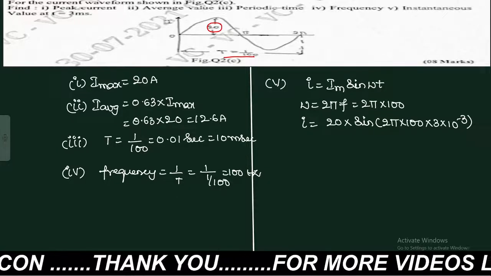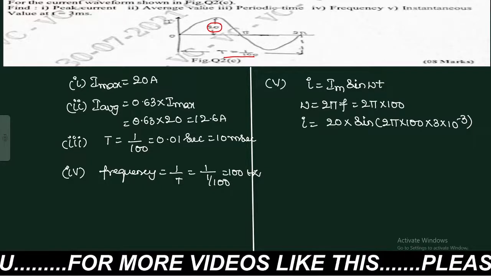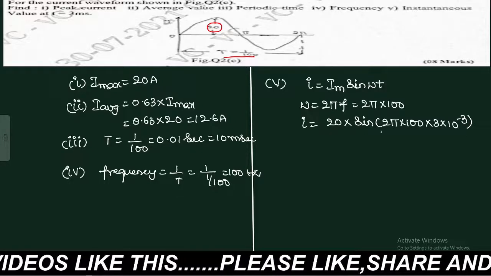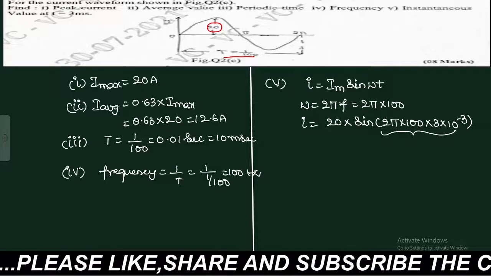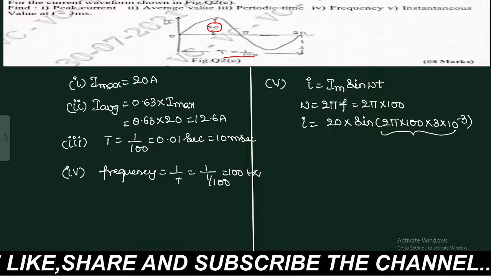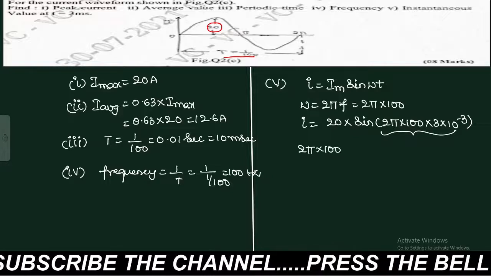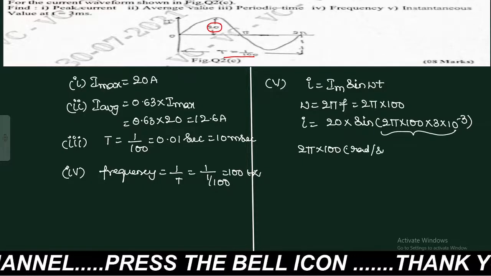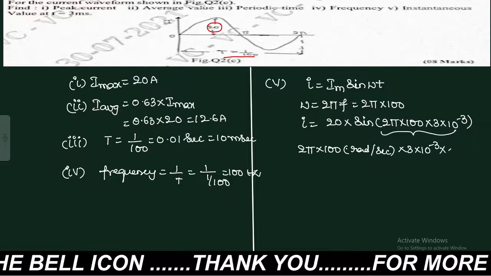If you substitute directly sine of 2 pi into 100 into 3 into 10 to the power of minus 3, first of all you are going to get the value in radians, which has to be converted into degrees. I will explain here. 2 pi into 100 is the frequency in radians per second, and you are multiplying by the time 3 into 10 to the power of minus 3 in seconds.